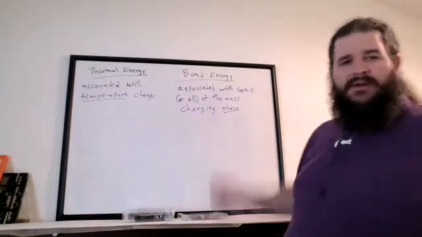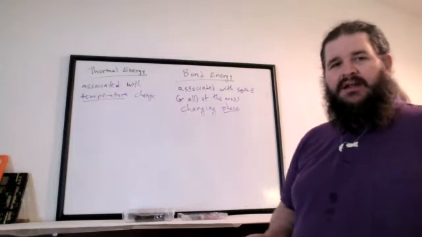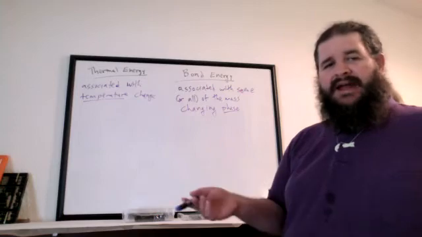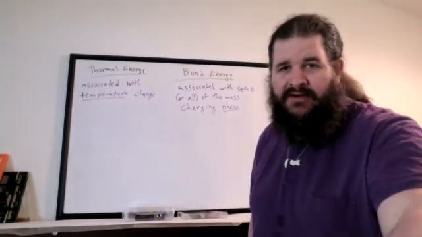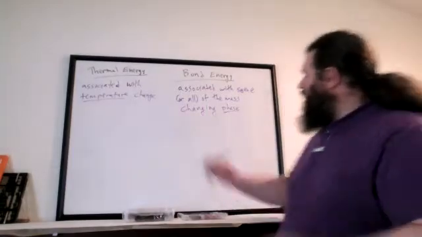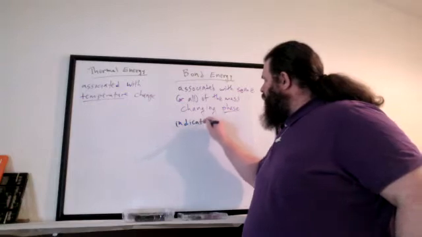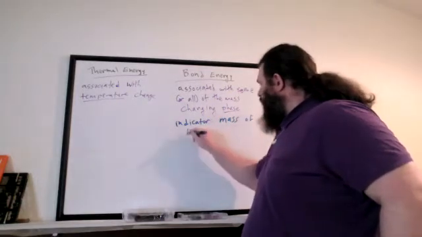For bond energy, we want to treat mass as the indicator, and specifically mass of that higher energy state. So if you're comparing solid and liquid, you use mass of the liquid. If you're comparing liquid and gas, you'd use gas, because that's the higher energy phase. So the indicator for bond energy is the mass of the higher energy phase.